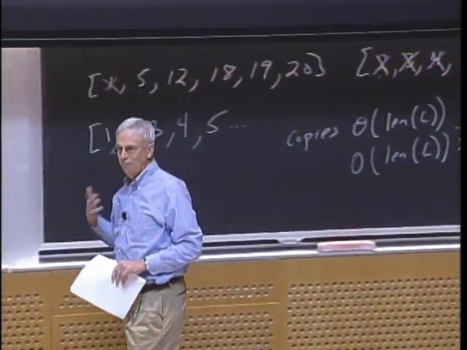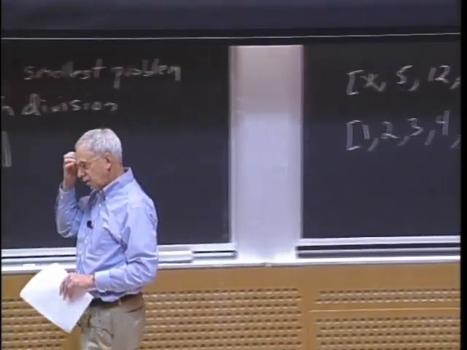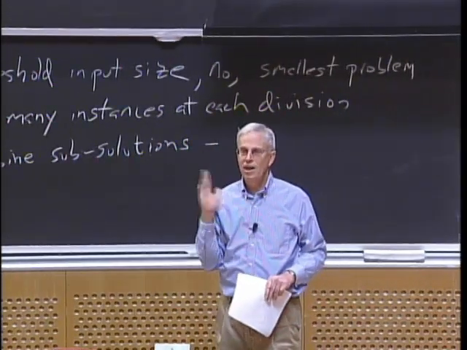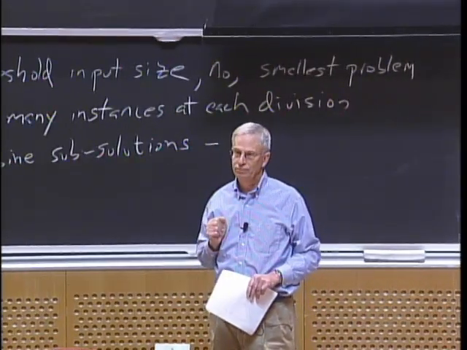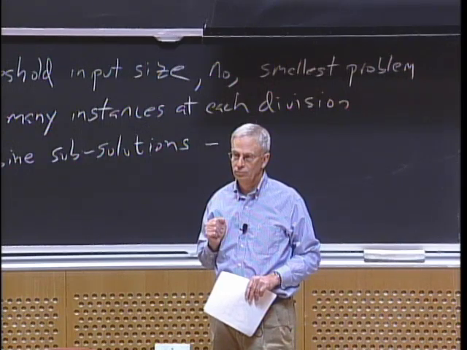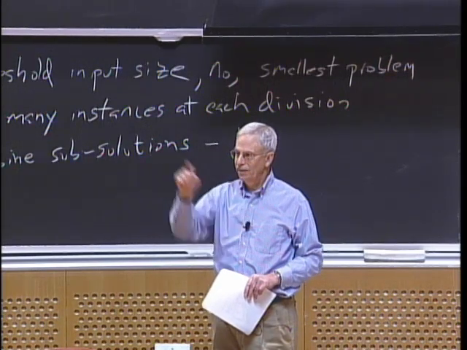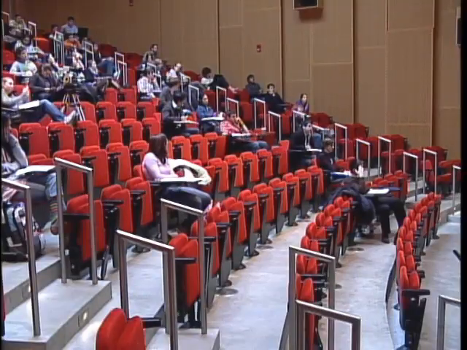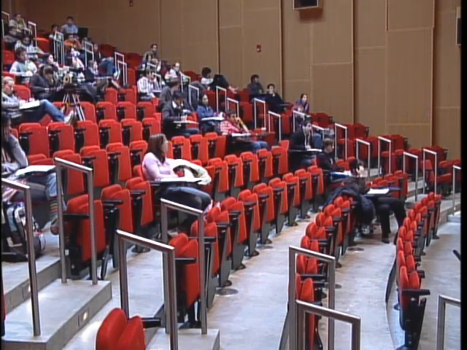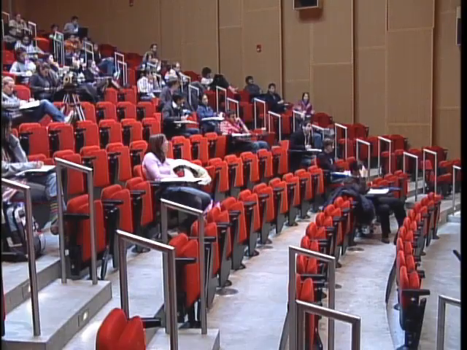So now I have to ask the question, how many times am I going to call merge? Base 2 log of the length of the list. Yes. I'm going to call merge log length of the list times.